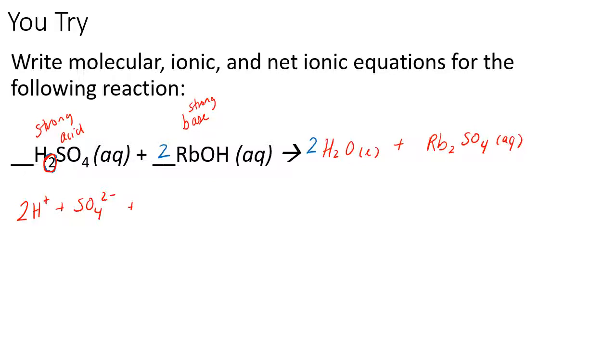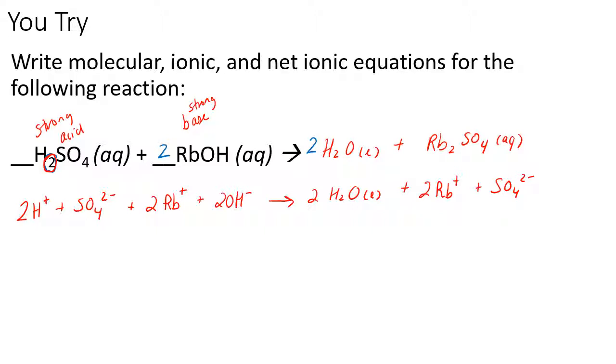When we break up our strong base, we're going to get 2 rubidium ions, each a +1 charge, plus 2 hydroxide anions. Onto our product side, we form 2H2O, and then from our rubidium sulfate, we'll get 2 rubidium ions and 1 sulfate anion.